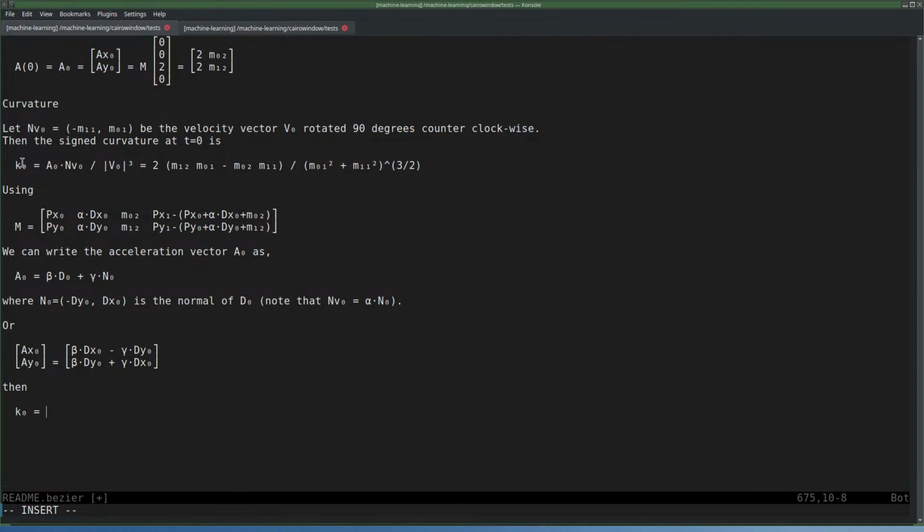This is now the dot product between A0 and NV0.